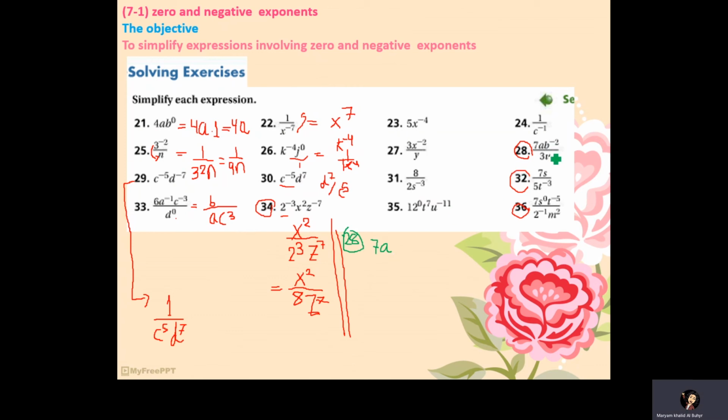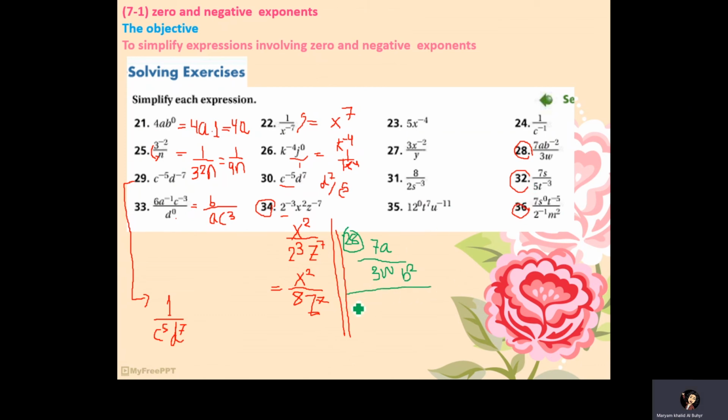B to the power negative 2, no, I will move it down. What is down? 3w b squared. Why did I keep them down? Because they have positive power. Now, that's it. I have all the things that I have.